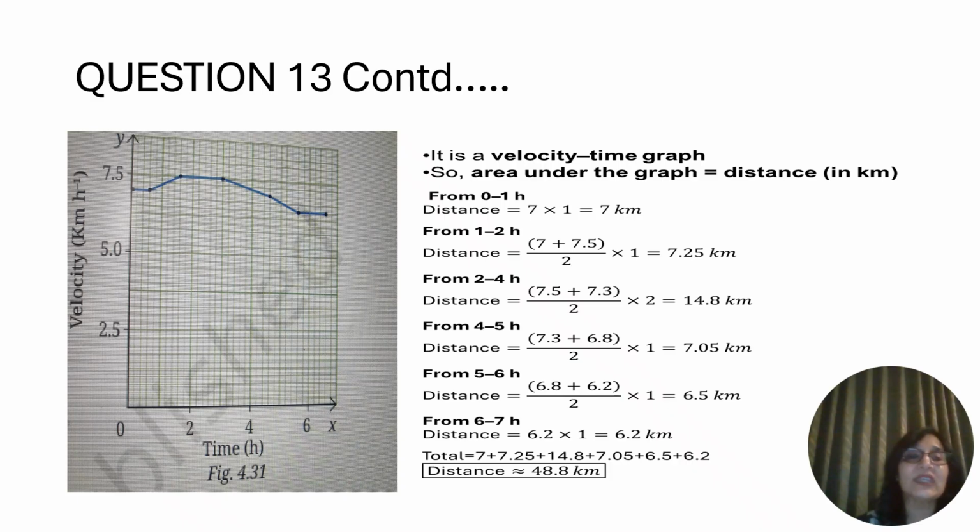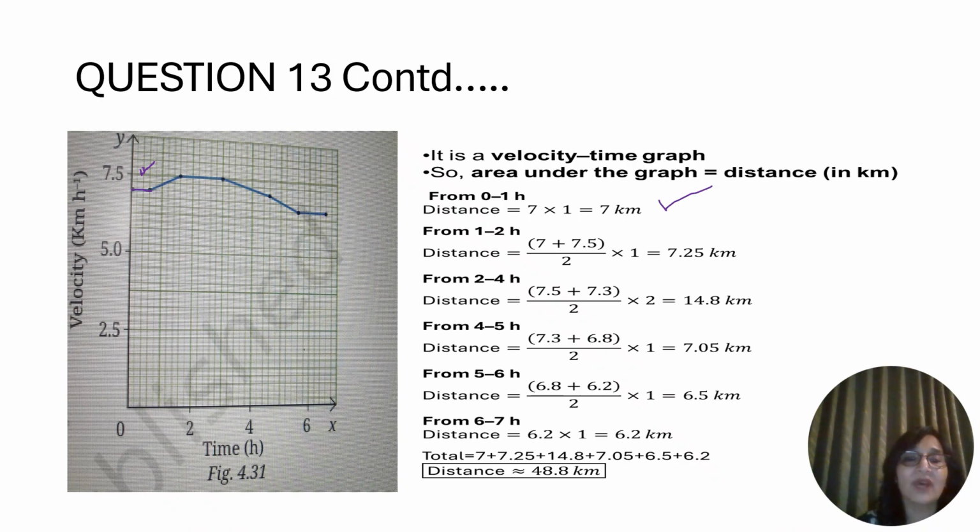Now, from 0 to 1, students, could you see the graph here? From 0 to 1. If I draw this here, this part, can you see it on the screen? So to calculate the distance, we have 7 into 1. So 7, and from 0 to 1 it is 1. So 7 into 1, that is 7 kilometer.